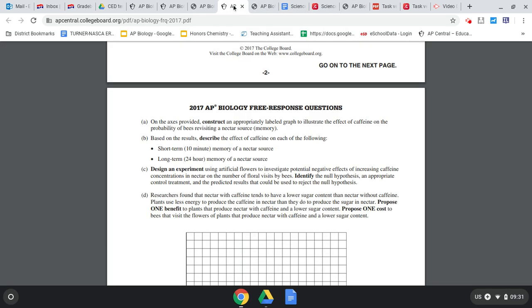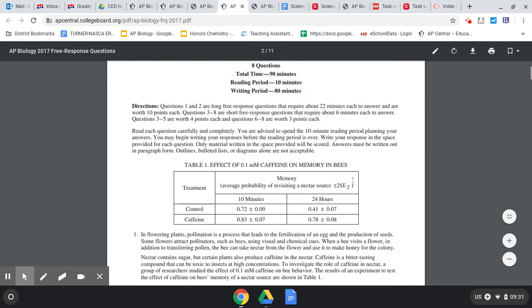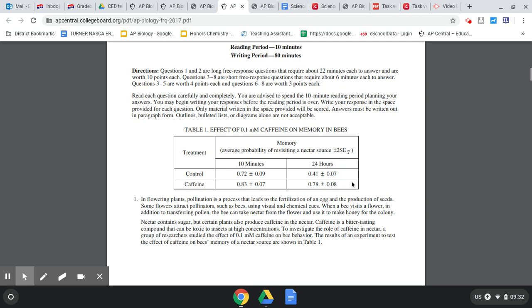And if we look at a question from a previous exam, this is from the 2017 exam, and it was a question about the effect of caffeine on memory in bees. So what they did was they gave the bees nectar sources, and some had caffeine and some did not. Then they tested their probability of revisiting that source 10 minutes and 24 hours later. They give you a little bit of data.